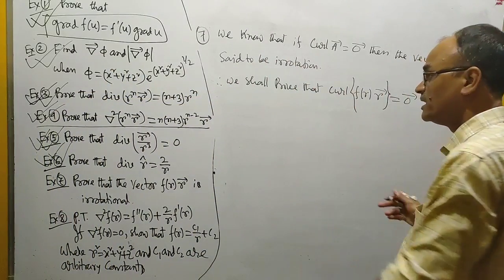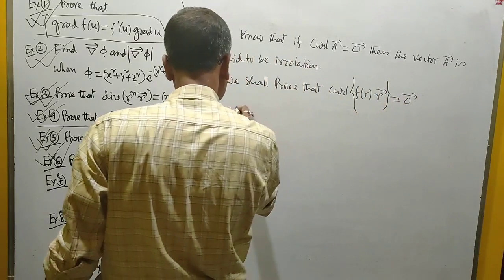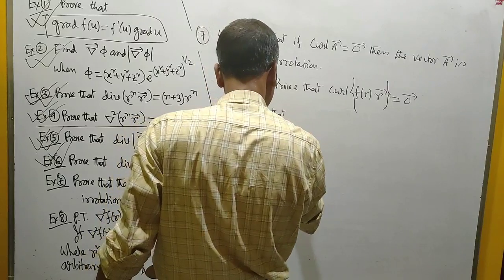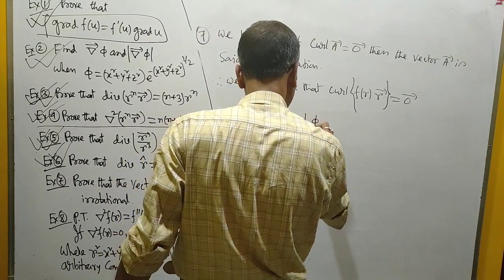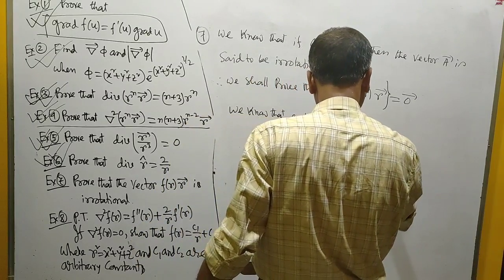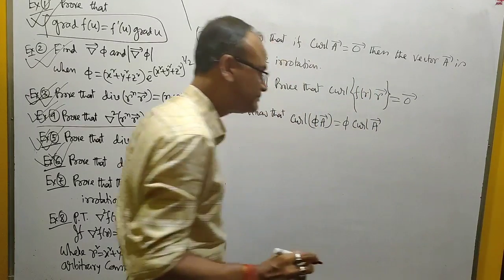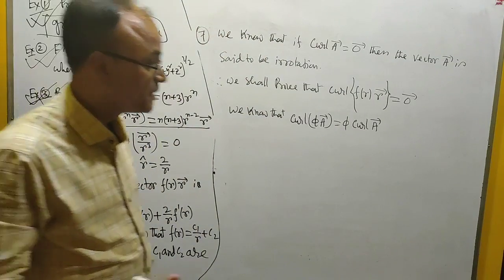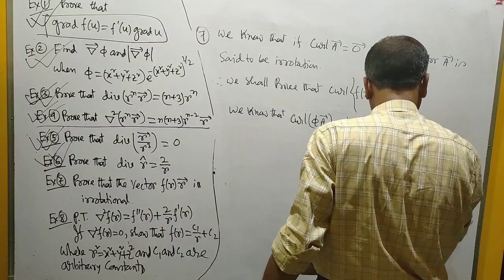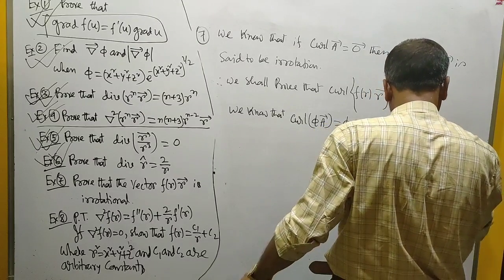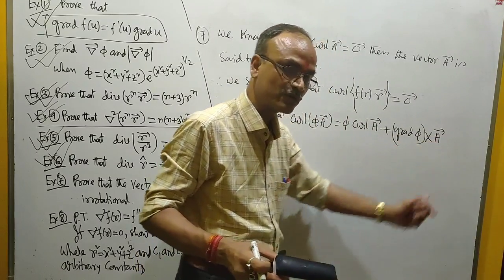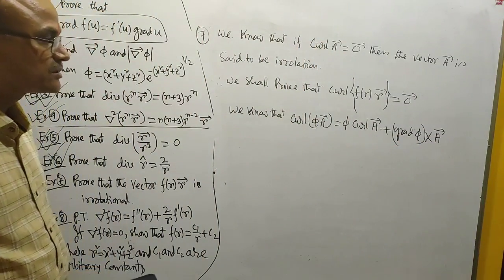Now, we know that curl of phi A vector is equal to phi curl A plus gradient of phi cross A vector.